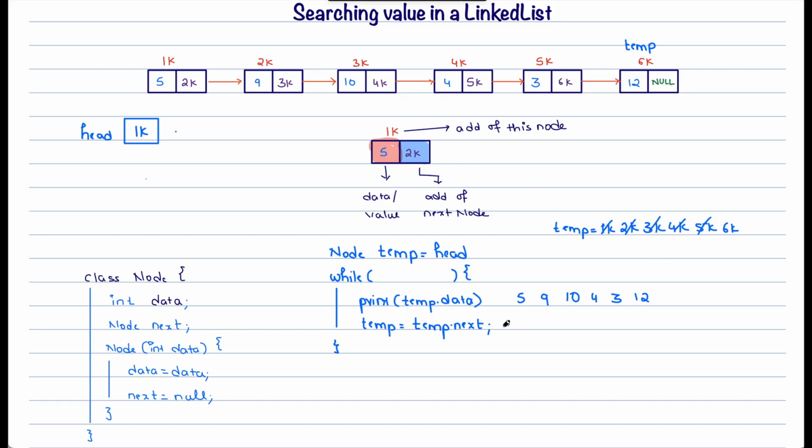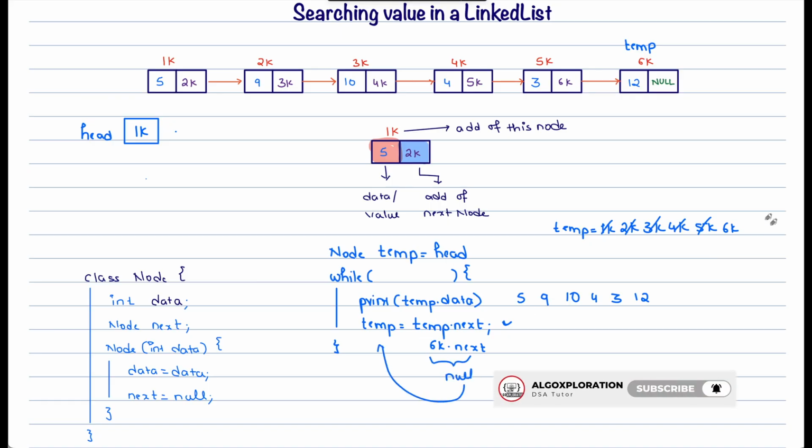Now see, if we apply this, 6k of next is nothing but null, right? So null is getting stored in the temp. That means I don't need to go further.